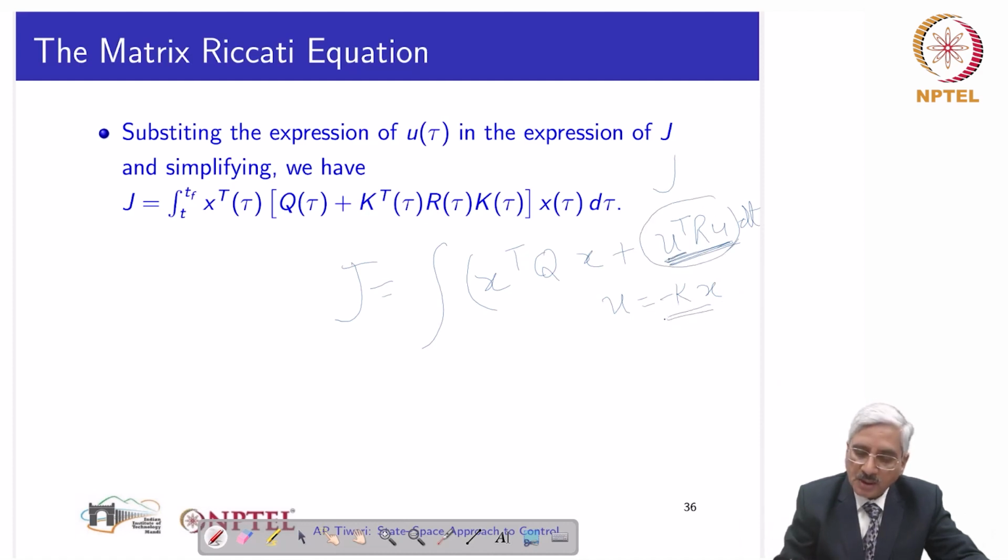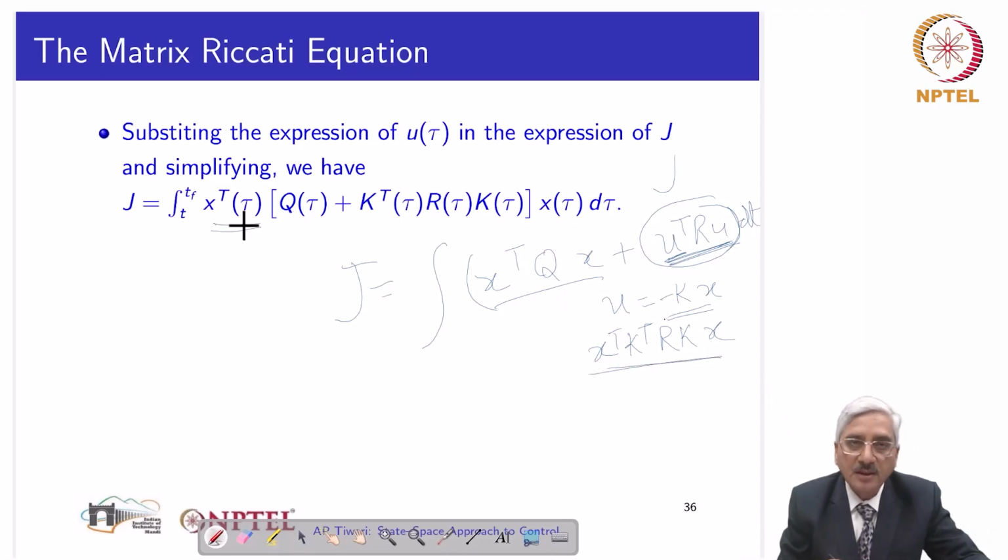So this term U transpose RU gives X transpose K transpose RKX. And the whole thing together, X transpose comes out on the left, X comes out on the right, and what is left in the middle is Q plus K transpose RK.